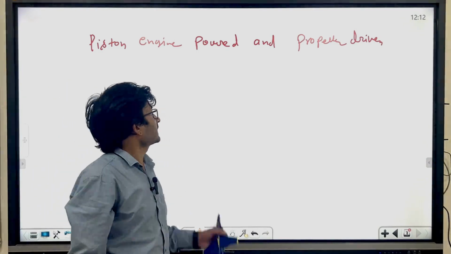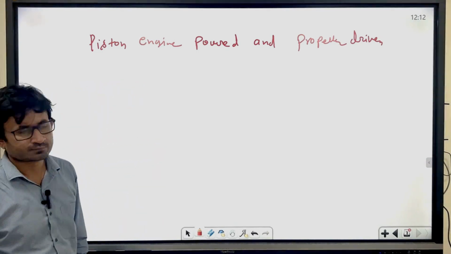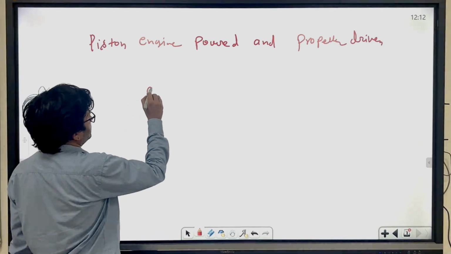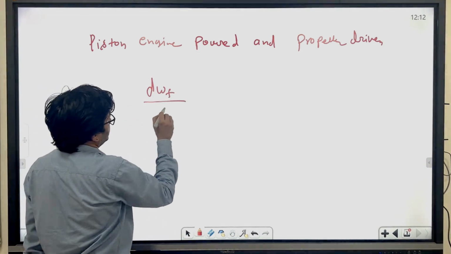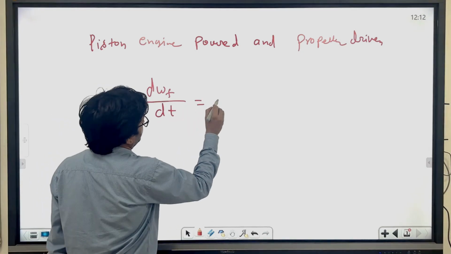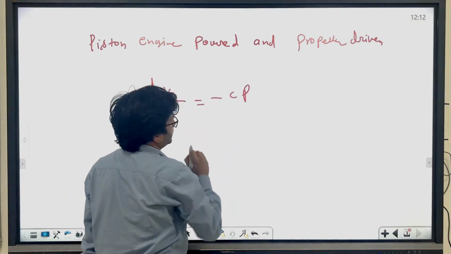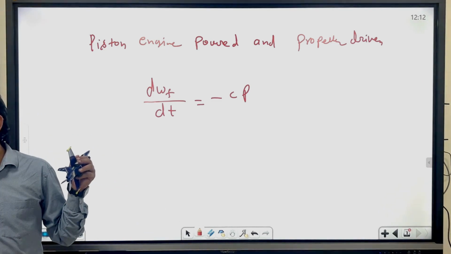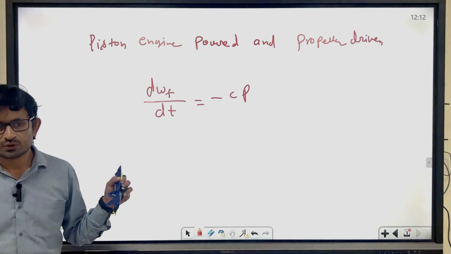But when we go with this type of engine, we generally deal with the power. So a similar expression you can rewrite here, dW by dt equal to minus C into P. So in the previous case we used thrust, but here we are using power.